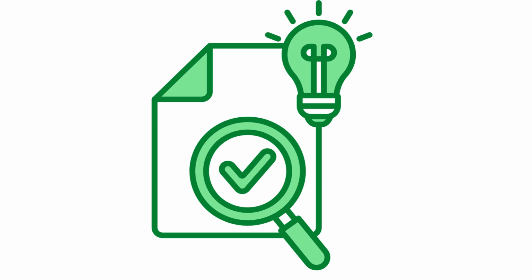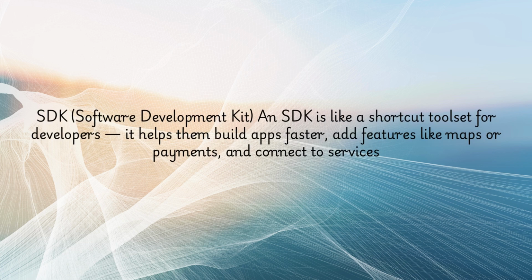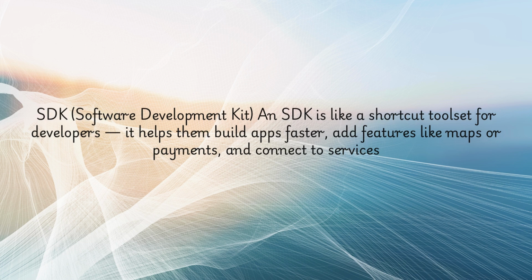I would encourage you to sit back, relax, and come along as we demystify these terms in this lesson. Starting off with the software development kit. The software development kit is often called the SDK, and it's like a shortcut tool set for developers.